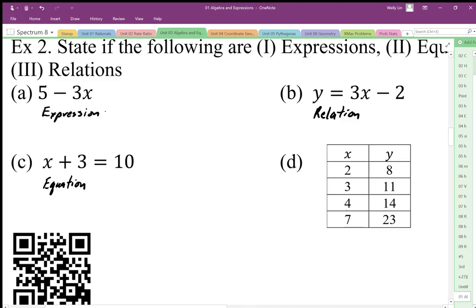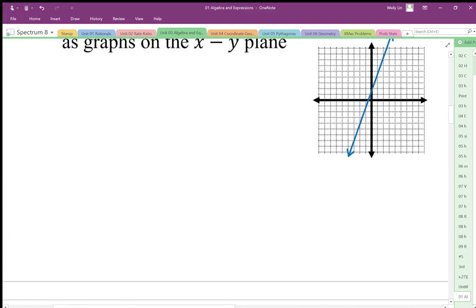So this is definitely a variable because it can change. But because it's changing with respect to x, as x changes, y changes with it. They are connected to each other. They are related to each other. So this is what we would call a relationship. And we can have a relationship in an equation, in a table like this, or in a graph, which we kind of described before here.